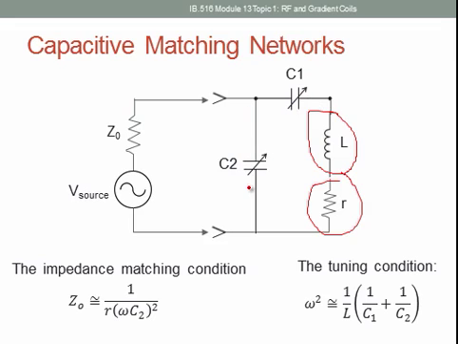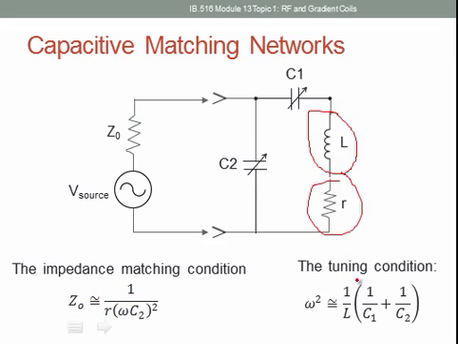What happens on the circuitry that's included in the RF coil is you can have something similar to what I'm showing here, where you have a couple of adjustable capacitors that are used to match the impedance of the coil to the impedance of the transmission line. And this matching condition occurs for this setup when you have Z0 is about equal to 1 over and so on.